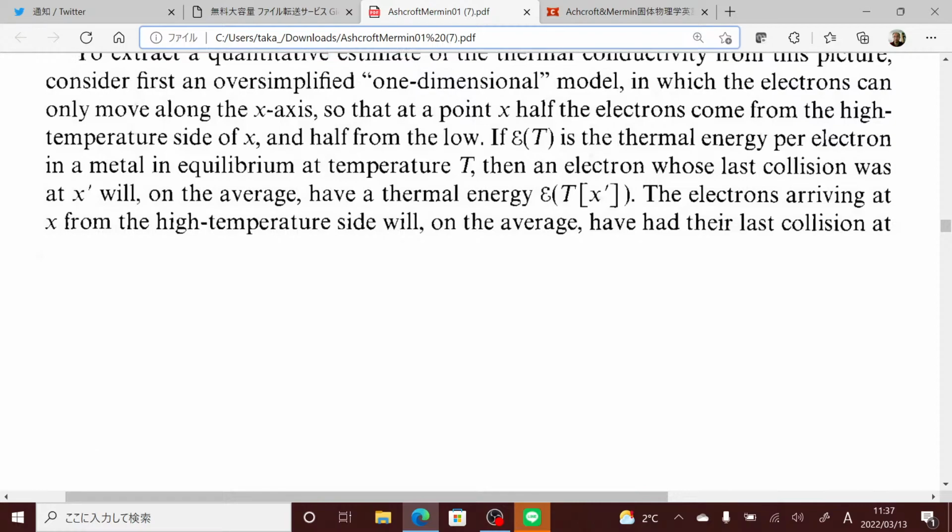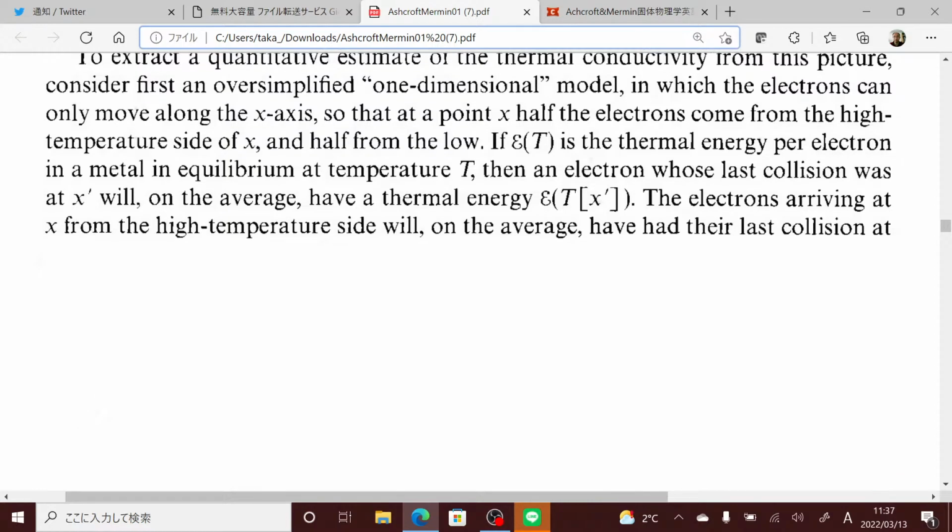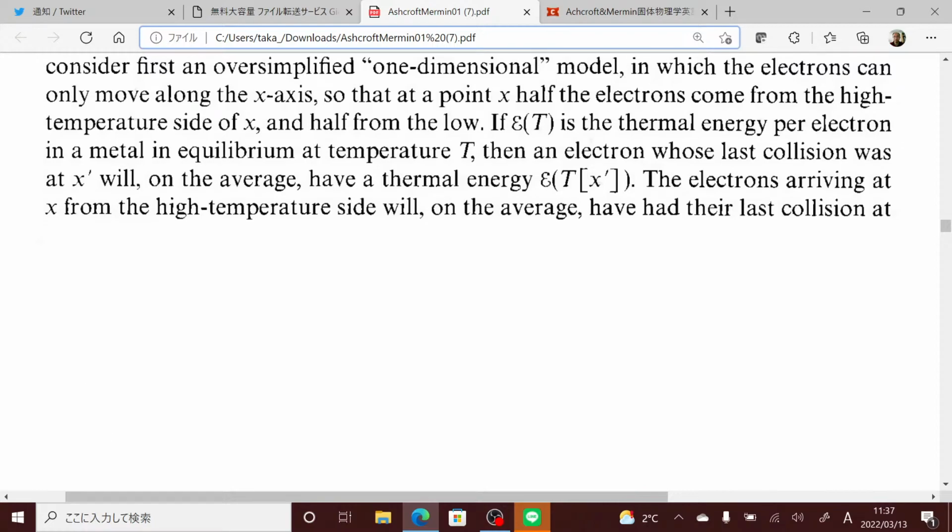Of T is the thermal energy per electron in a metal in equilibrium at temperature T. Then an electron whose last collision was at x prime will, on average, have a thermal energy E of T at position x prime.